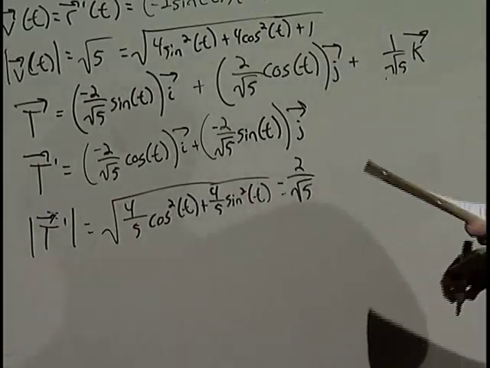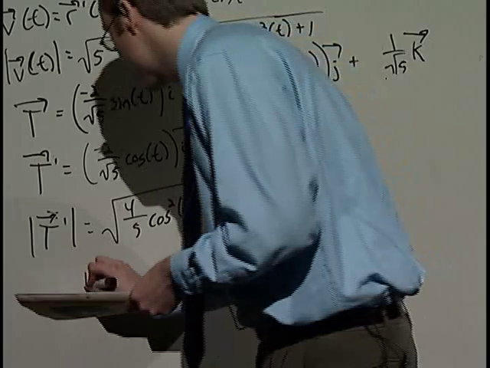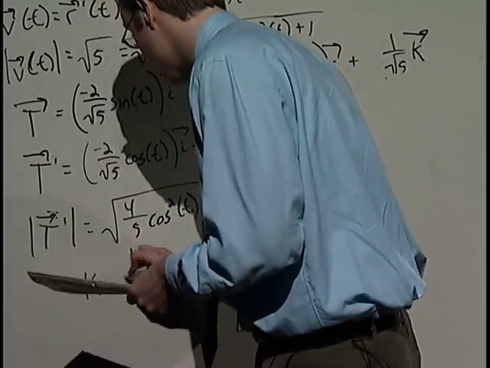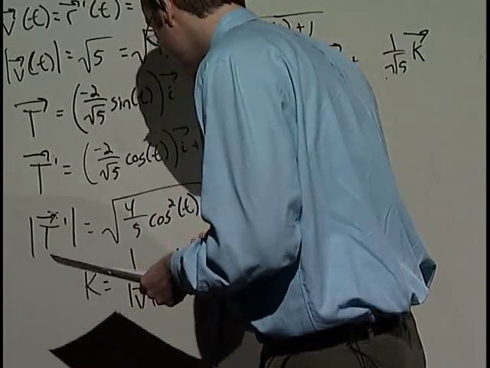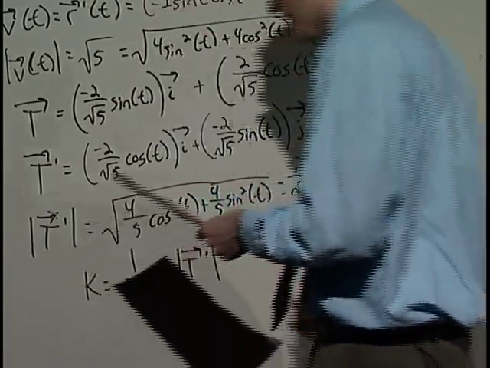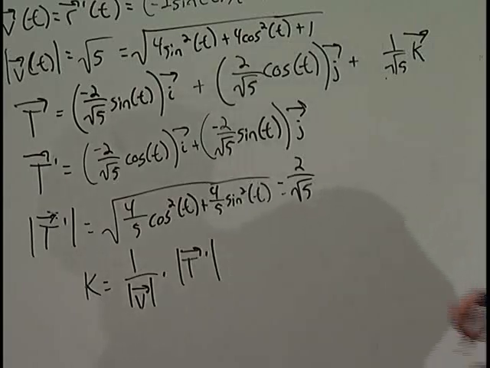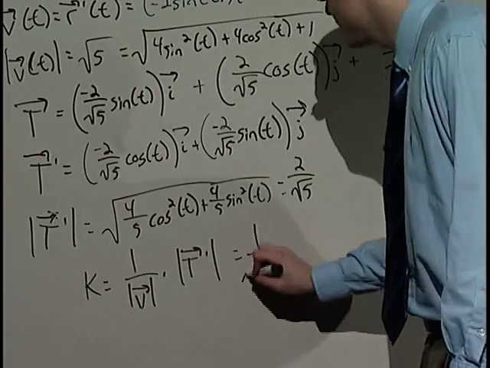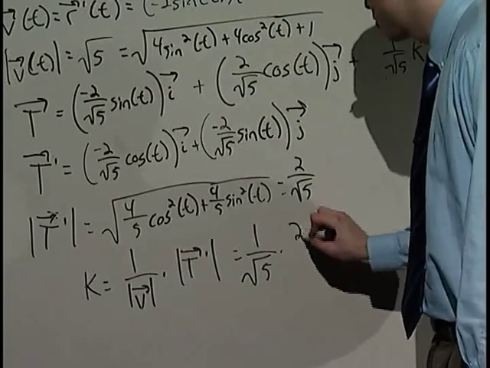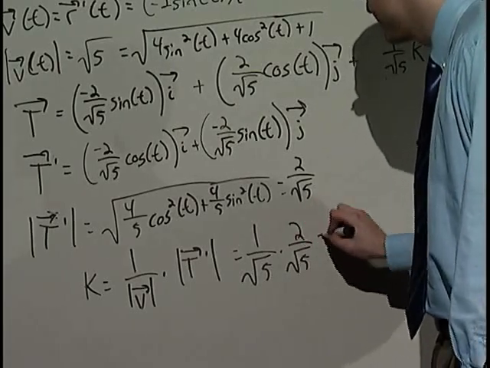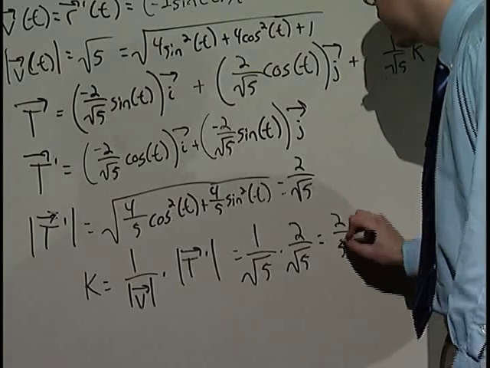Our formula for curvature said curvature is 1 over the length of v times the length of T prime. So it's 1 over root 5 times 2 over root 5, which is 2/5.